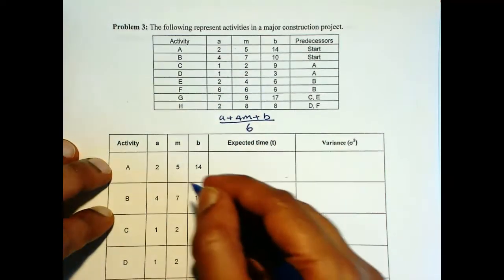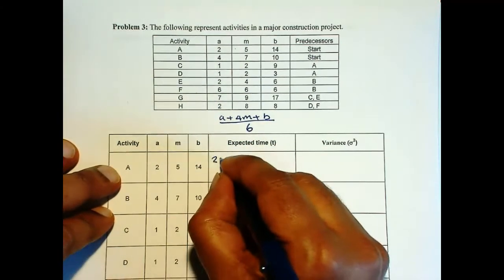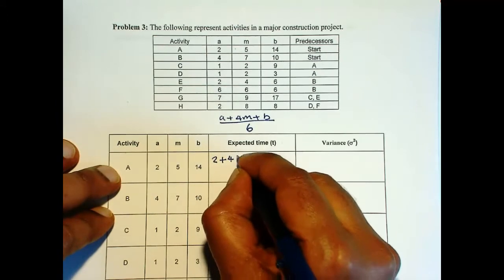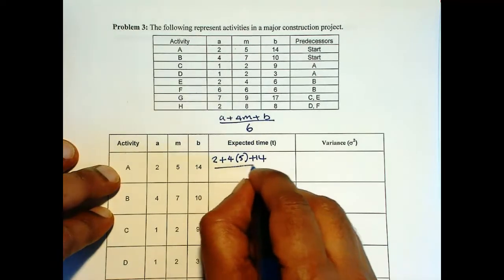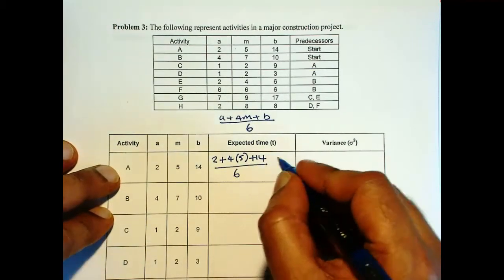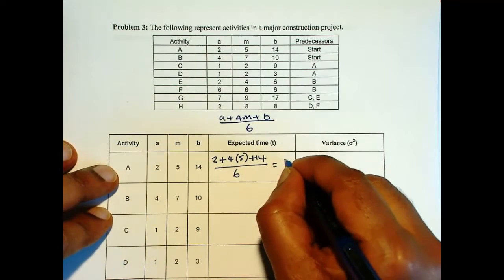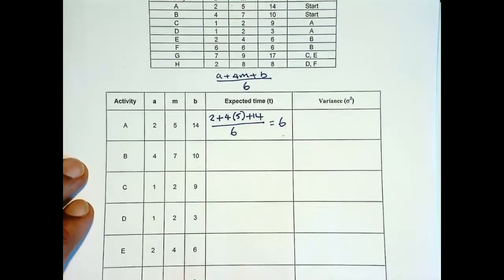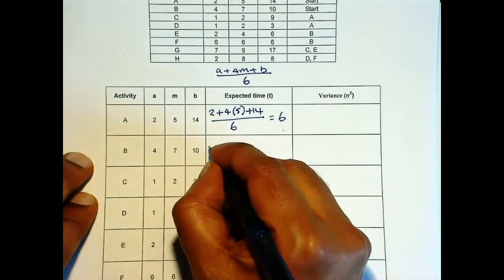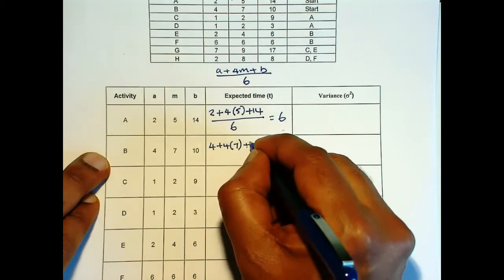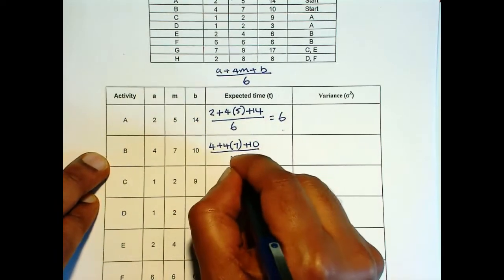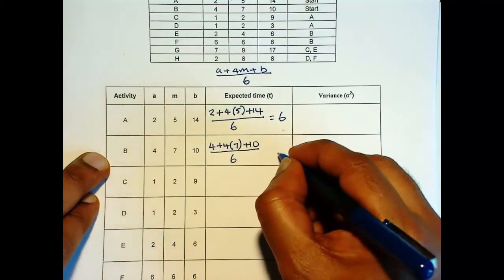So that will be (2 plus 4 times 5 plus 14) over 6. That's 6. And then (4 plus 4 times 7 plus 10) over 6. That is 7.